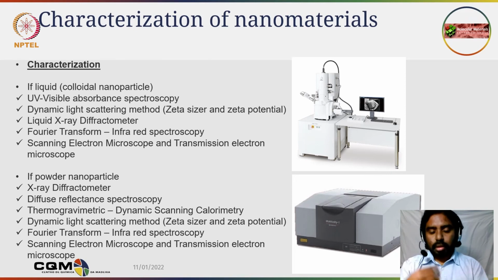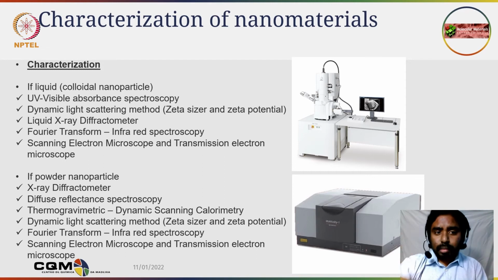If you have a nanomaterial, it can be either in liquid form like colloidal nanoparticles, or powder nanoparticles, right? Whatever the type of your nanoparticle, either liquid or powder, you can use methods like UV visible absorption spectroscopy to study its optical property, and dynamic light scattering to study its particle size distribution and zeta potential in a solvent, right?